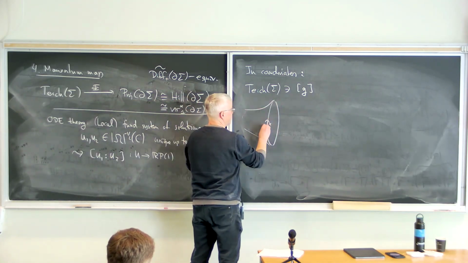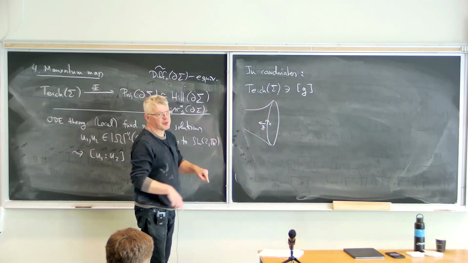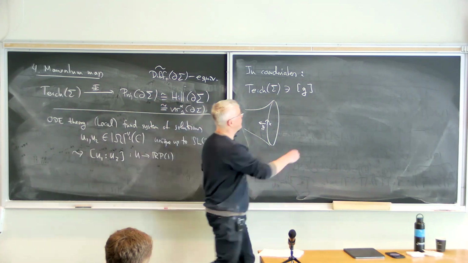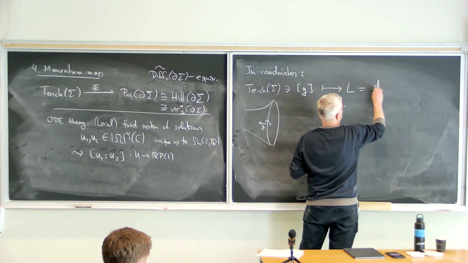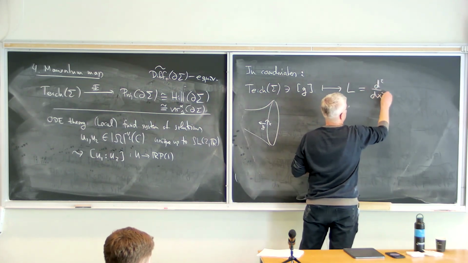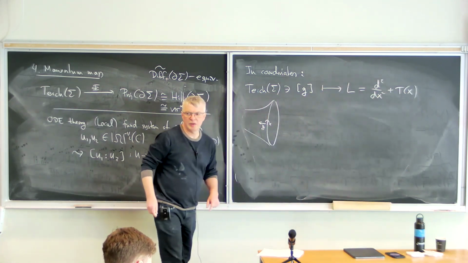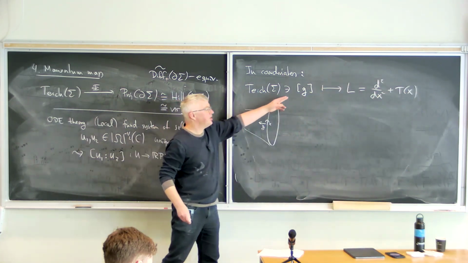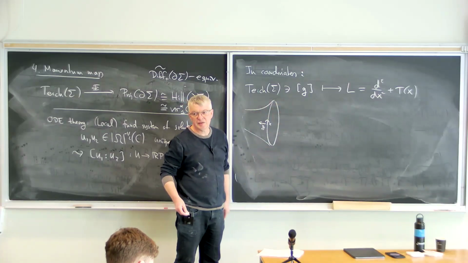So again, we introduce these local coordinates x and y. It goes like 1 over y squared. And we want to map it to some Hill operator in coordinates. So the question is, given this g in coordinates x and y, what's the formula for this T?